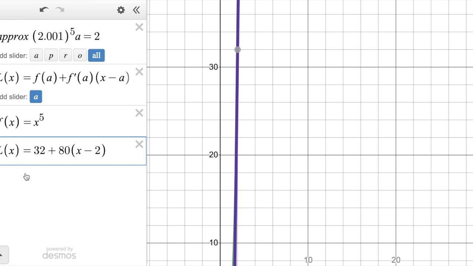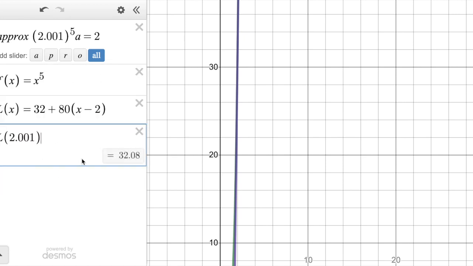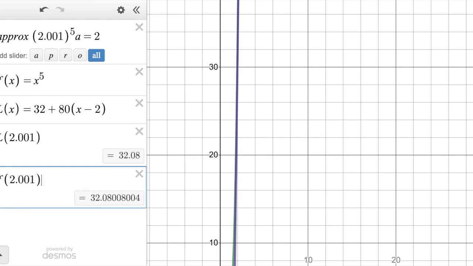So let's use it to approximate 2.001. I'm going to have capital L of 2.001, and I have to get rid of this one. All right, so that gives us 32.08. And f, the original function of 2.001, is 32.08. So we're very close right here.